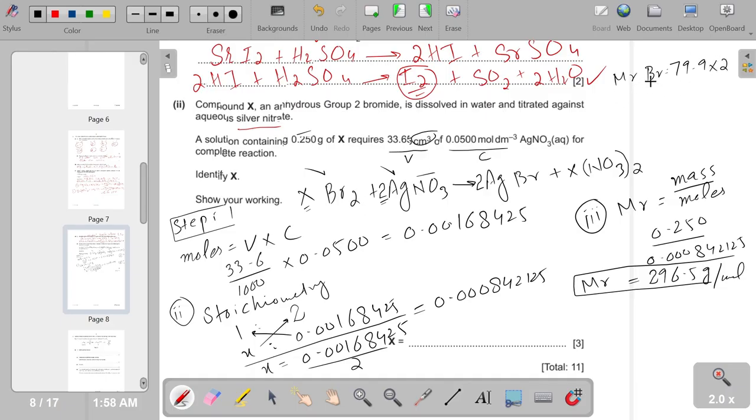Other thing is, if I check the periodic table, the Mr of barium Ba is 137.33.